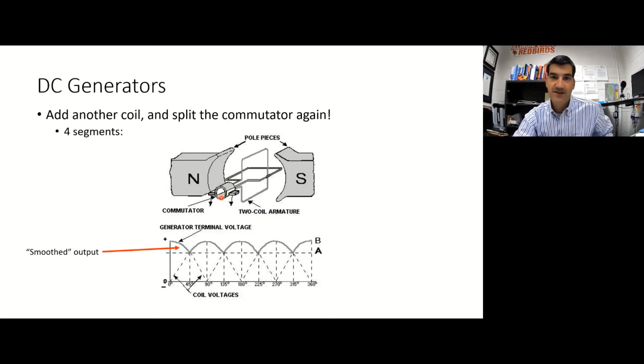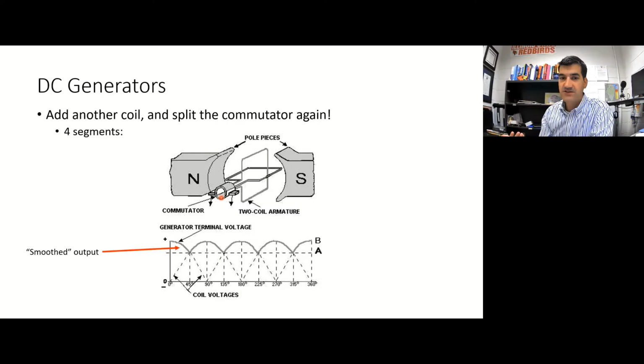So what's going to happen now, every quarter of a turn of the armature, my brushes are going to switch which section. The brushes are stationary, but the split ring commutator is going to rotate with the armature. And every quarter of a rotation, we're changing which set of wires on the armature we are pulling the voltage from.